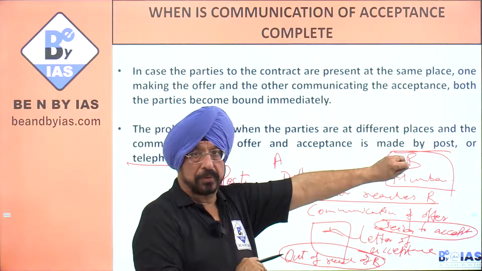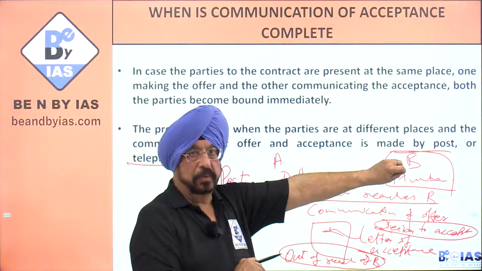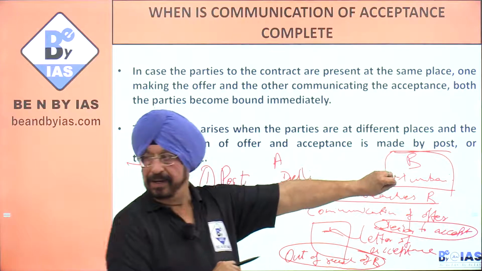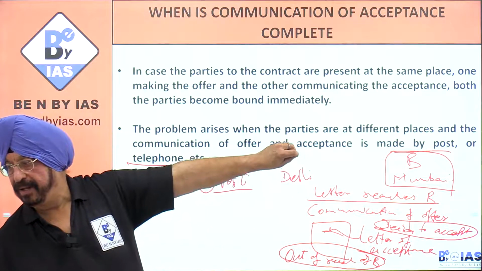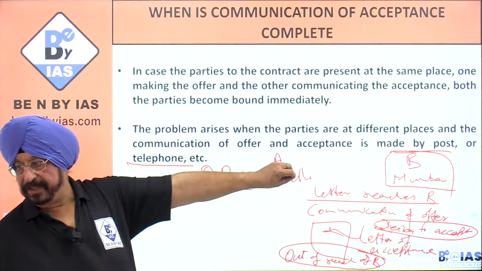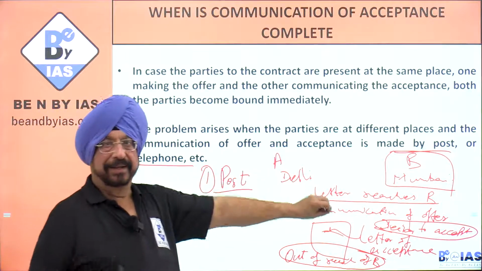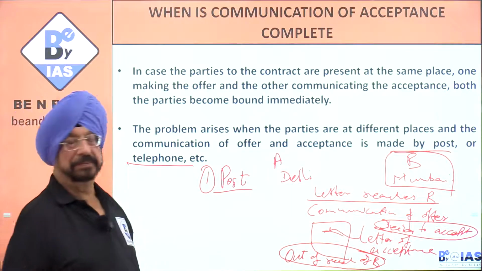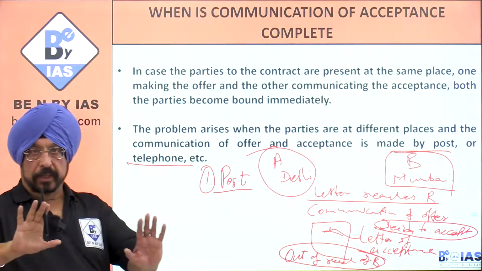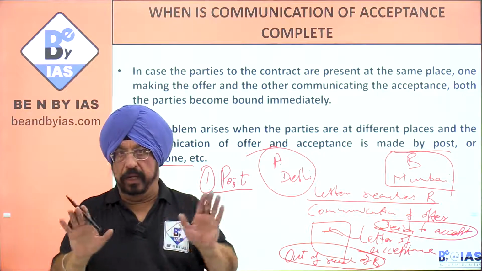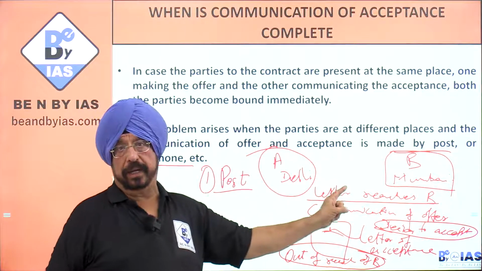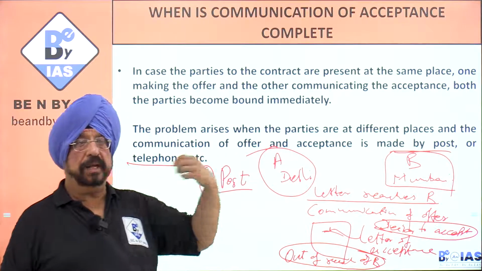The moment it is out of reach of B, who will become bound? Who will become bound? Everybody says B. A will become bound. Why? ध्यान से सुनिए, मतलब there's no hurry. I'll conclude my session today at this. This is very important to understand. Who has made the offer?